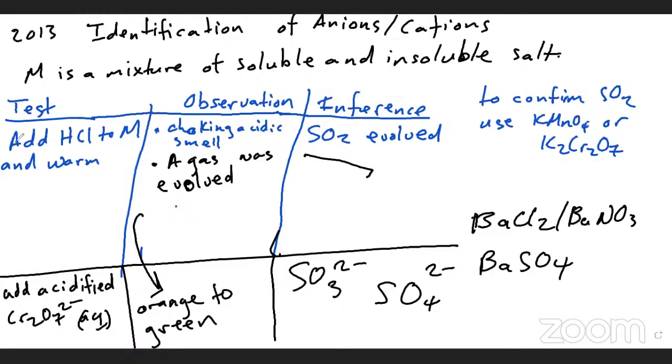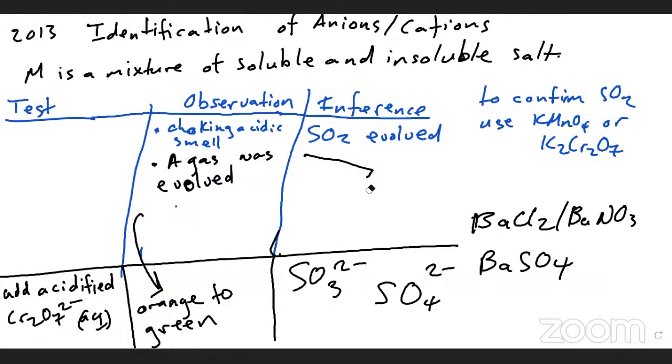All right, the next one is with lead. Let me just do that quickly. For the sulfite SO3, I get a choking acidic smell, just when you get the gas, not with the ion. The dioxide, I get orange to green, that decolorizes the thing.